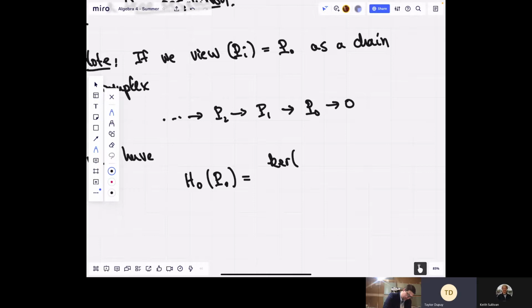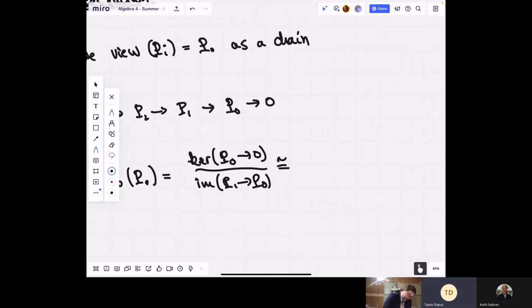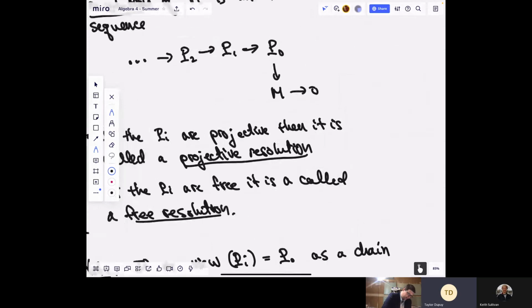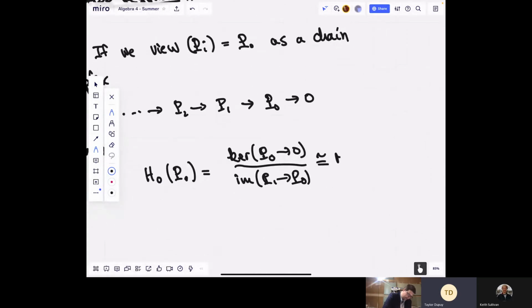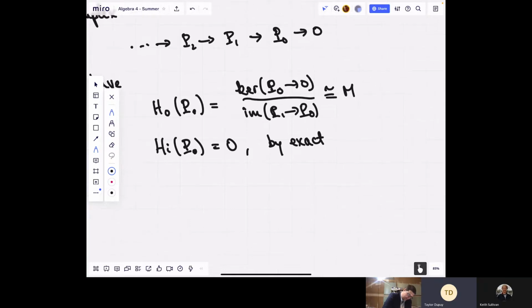This is the kernel of P0 to 0 mod the image of P1 to P0. And so this is just isomorphic to the original thing that we started, a resolution of M. Okay, and then Hi of P bullet is equal to 0 by exactness, because the image is equal to the kernel.